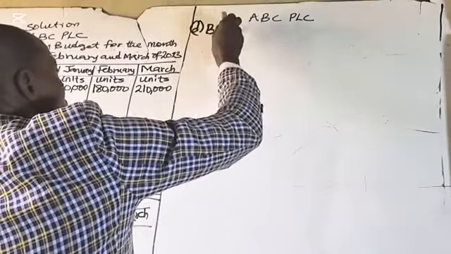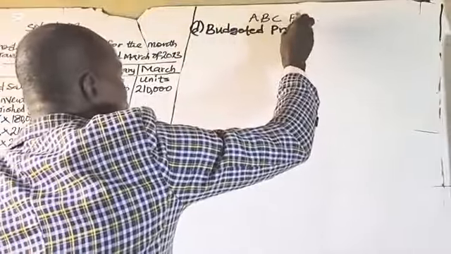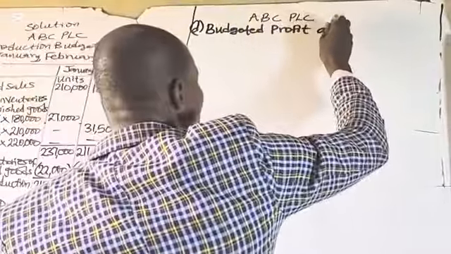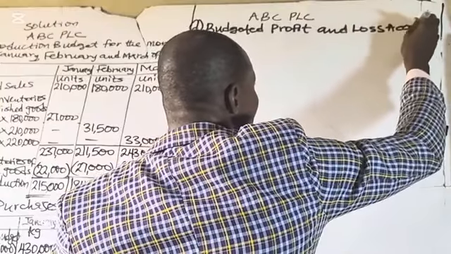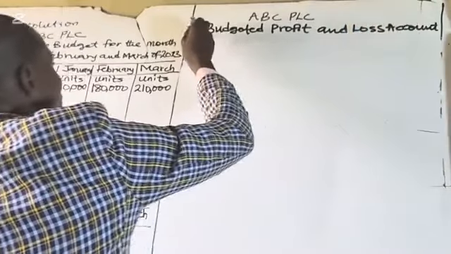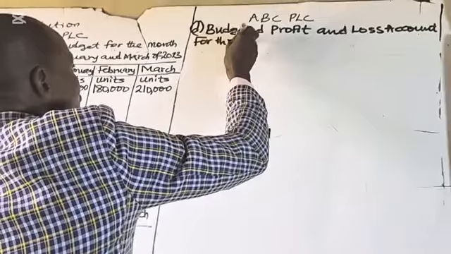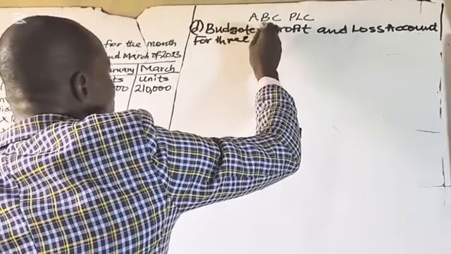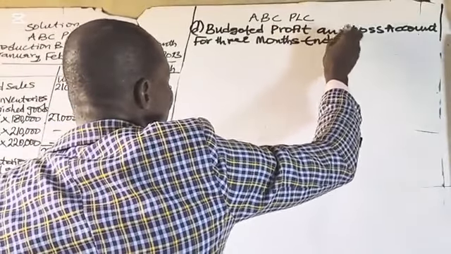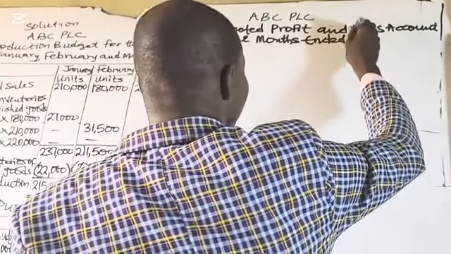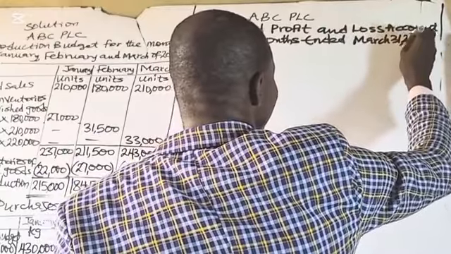Budgeted profit and loss account for the 3 months ended March 31st, 2023.